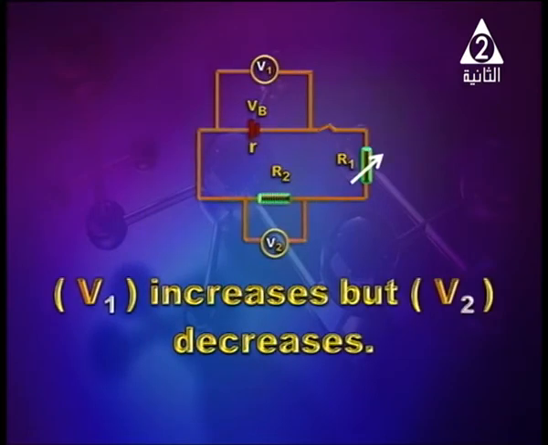Once again, V1 increases, but V2 decreases. When R1 is increased, R total increases, current decreases, internal voltage decreases, external voltage, which is denoted by V1, increases. And V2 depends on the current, so it decreases.